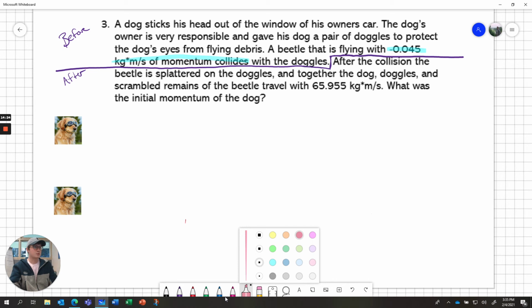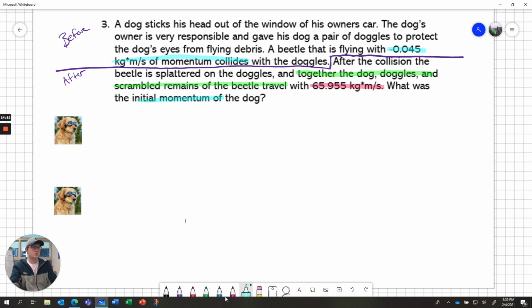So I'm going to highlight that. Together, all of these things travel with 65.955 kilogram meters per second. What was the initial momentum of the dog? So the question is asking about the initial momentum of the dog.